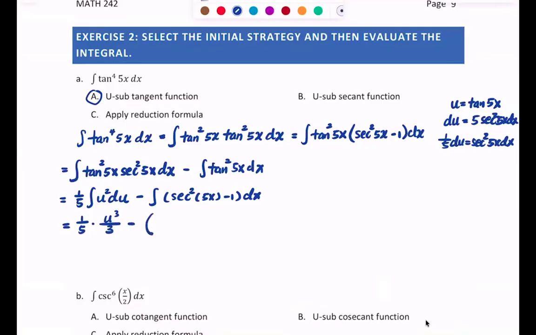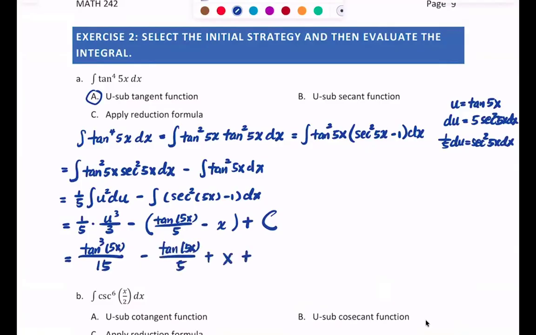When we integrate secant squared, we get tangent. One more step. So this is a concrete example to demonstrate the strategy that we just talked about.